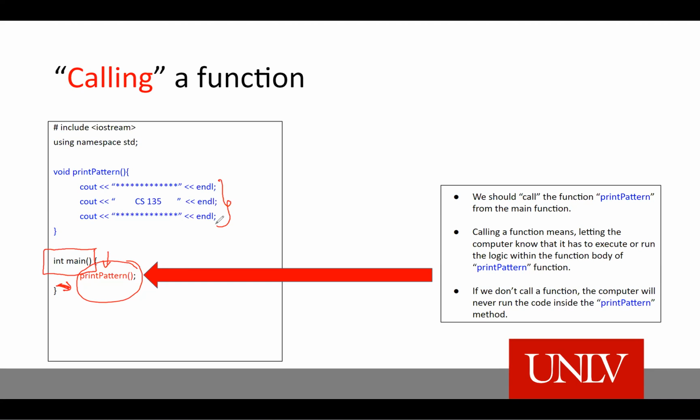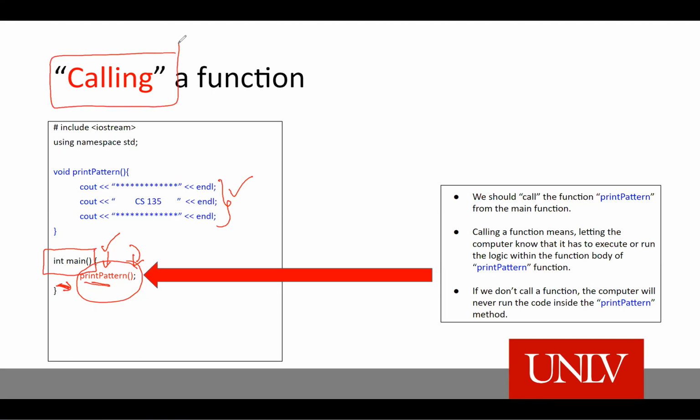So the way I tell the computer that right after entering the main function, this is where you have to execute whatever the code inside the function is, is what we term calling a function.